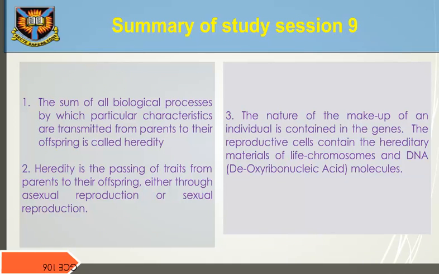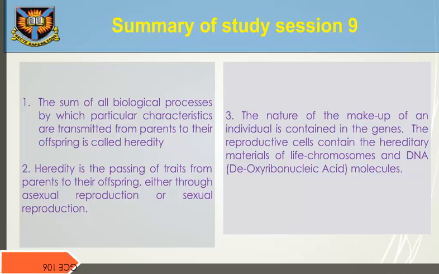Summary of study session. 1. The sum of all biological processes by which particular characteristics are transmitted from parents to their offspring is called heredity. 2. Heredity is the passing of traits from parents to their offspring, either through asexual reproduction or sexual reproduction. 3. The nature of the makeup of an individual is contained in the genes.